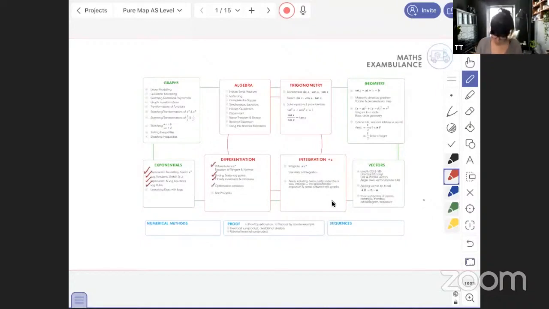Optimization problems are basically just stationary point questions, and first principles is something you need to learn. That's the limit as h tends to naught of f(x+h) minus f(x) over h. But I think all of that probably was covered in college, so that's not new stuff for most people.